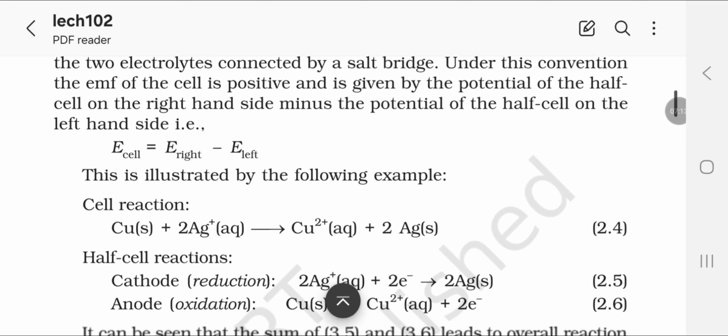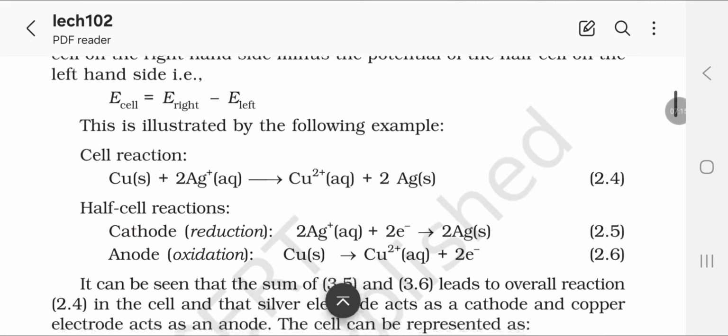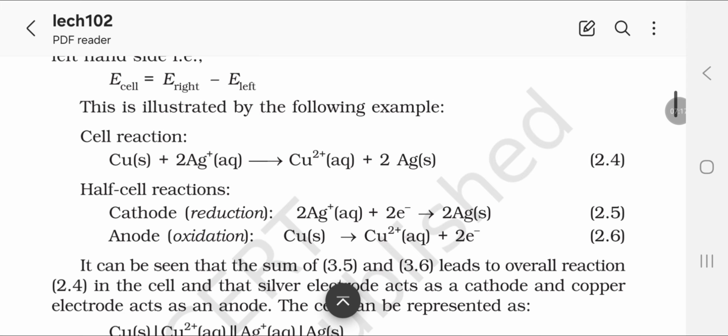This is illustrated by the following example. Cell reaction: Cu plus 2Ag positive gives Cu2 positive plus 2Ag. Half cell reactions: cathode reduction gives 2Ag positive plus 2 electrons, that is 2Ag. Anode oxidation: Cu gives Cu2 positive plus 2 electrons.